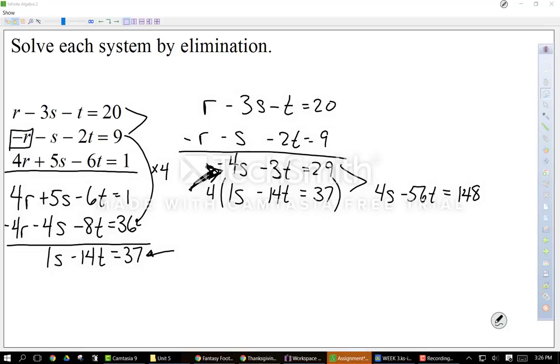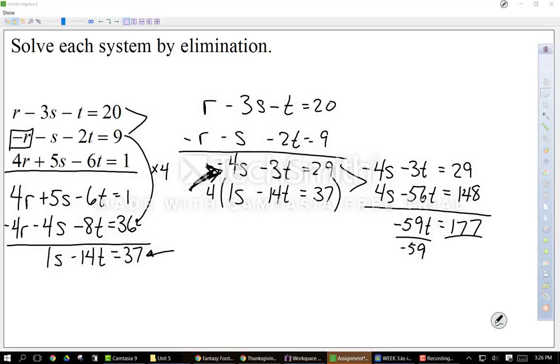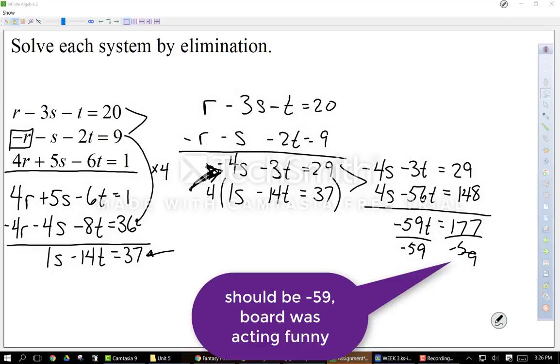And then the top one is going to remain the same. Now I'm going to add because my s's are opposite signs. So I get negative 59t equals 177. When I divide, I get t equals negative 3.